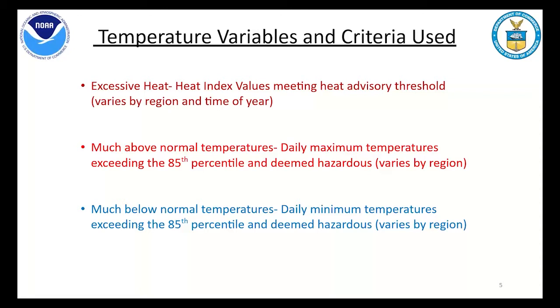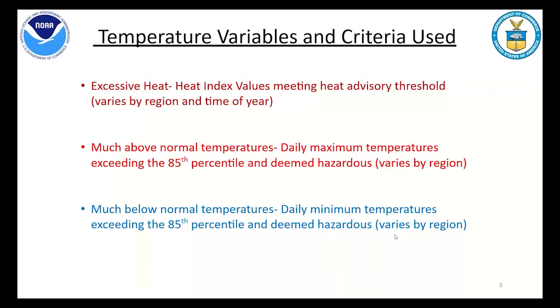Much above normal temperatures. The criteria for that is daily maximum temperatures exceeding the 85th percentile of the climatological distribution, and also deemed hazardous, and that varies by region as well. And then much below normal temperatures, when daily minimum temperatures should be below the 15th percentile of the climatological distribution and deemed hazardous.